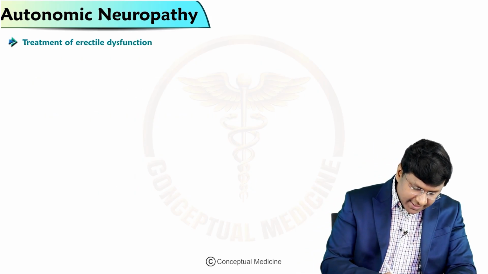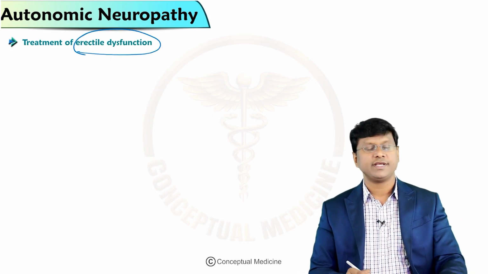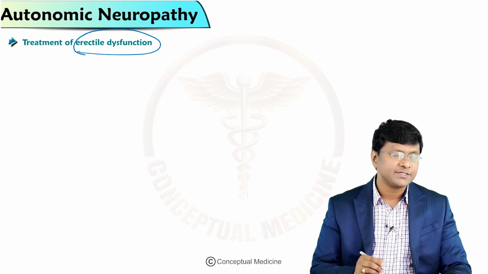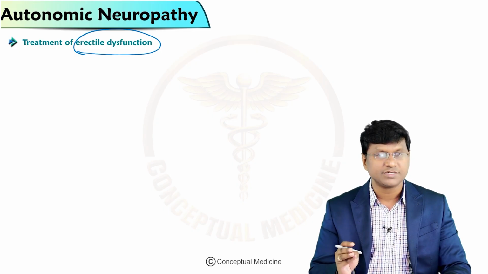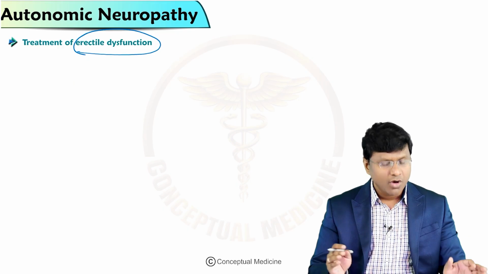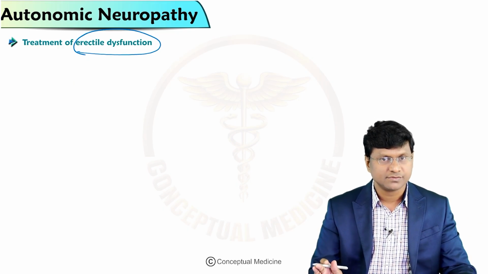Next, another important abnormality associated with autonomic neuropathy is erectile dysfunction. Erectile dysfunction can result from neurological, psychological or vascular causes or a combination of these causes, right?